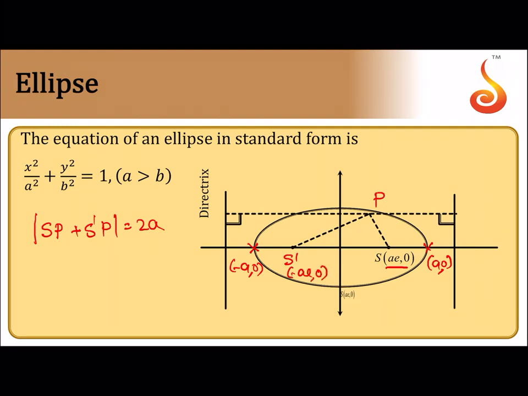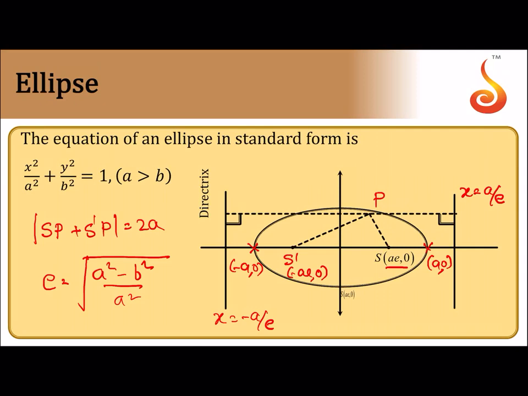Foci are ae comma 0 and minus ae comma 0. Eccentricity is under root of a square minus b square by a square. Directrix is x equal to a by e and x equal to minus a by e. These are the two directrices.